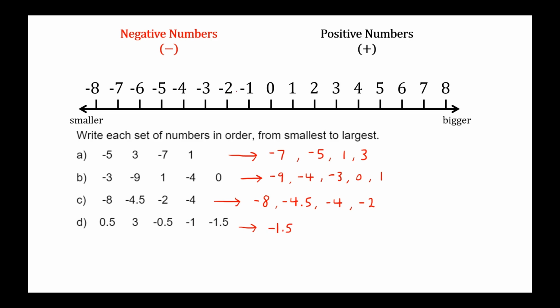And then the second smallest would be -1, right? Because -1.5 is closer to the left-hand side. It's my smallest number. Then I have -1, followed by -0.5. Then I'm going to have 0.5, and then 3 would be my largest number because it is the closest number to the right-hand side instead.